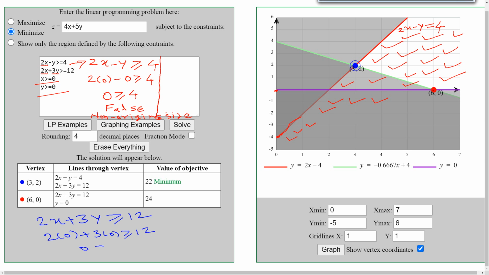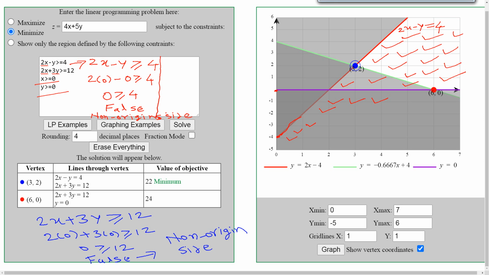So 0 is greater or equal to 12. This is false. And if the condition that we are checking is false, then we shade the non-origin side of this line.